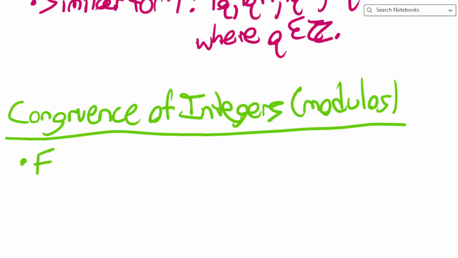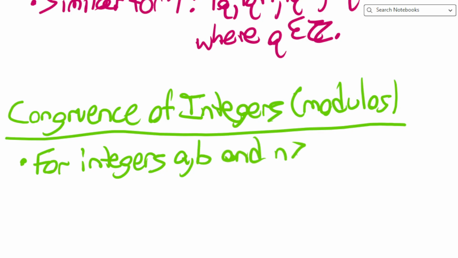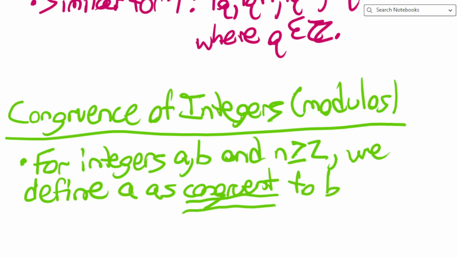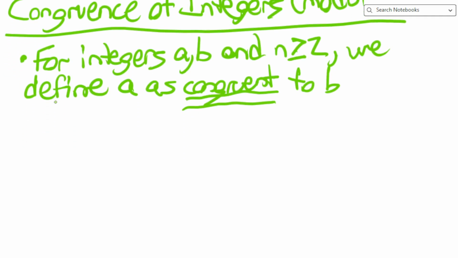So for integers a, b, and n greater than or equal to 2, we define a as congruent to b modulo n.